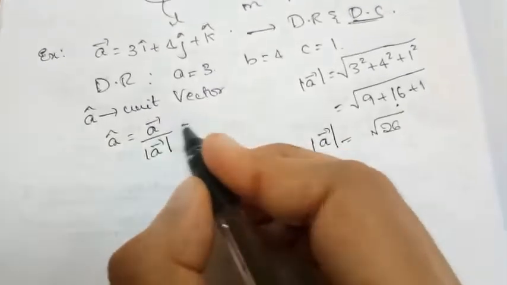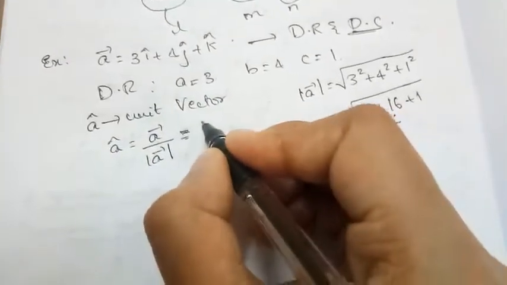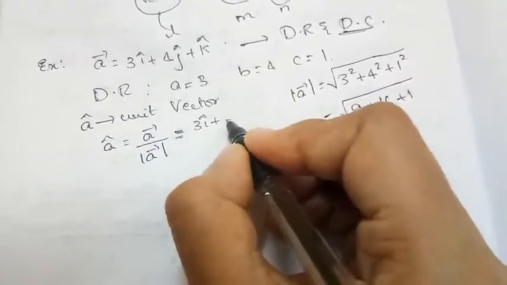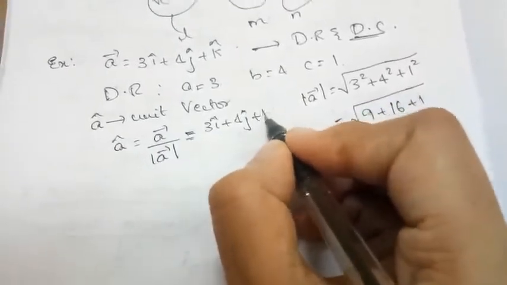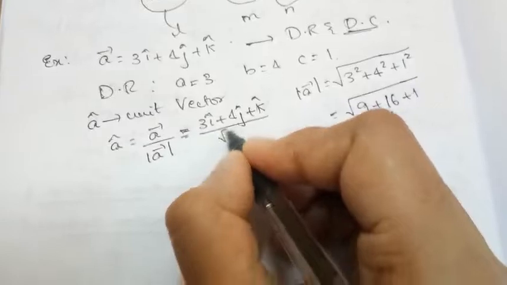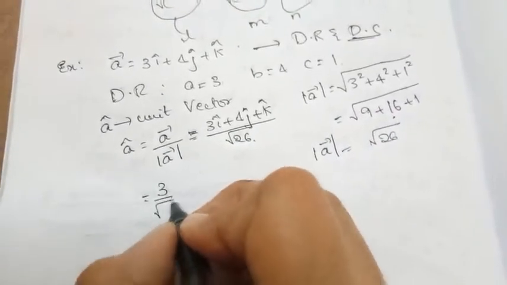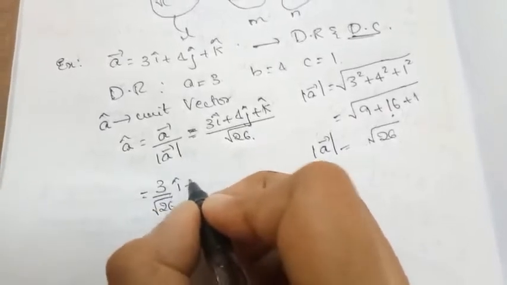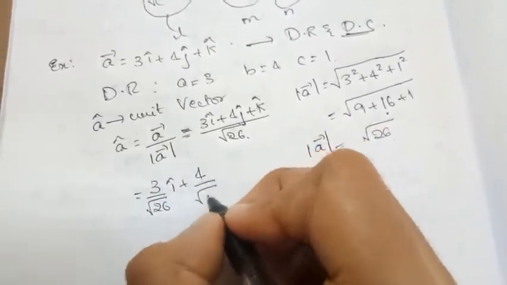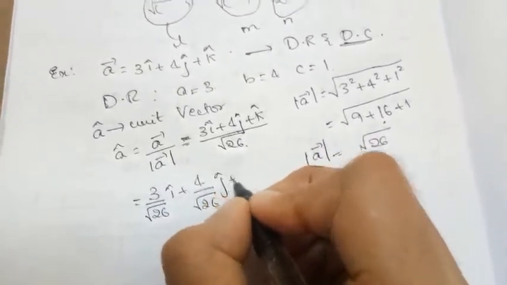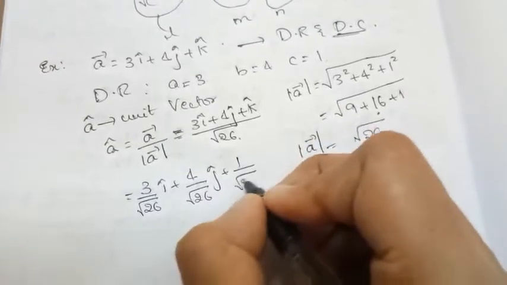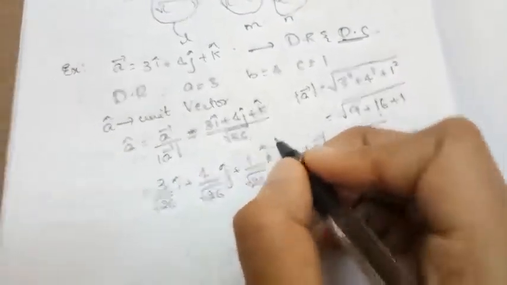Now let us find the unit vector. It is 3i cap plus 4j cap plus k cap divided by root 26. So it is 3 by root 26 i cap plus 4 by root 26 j cap plus 1 by root 26 k cap. This is our unit vector.